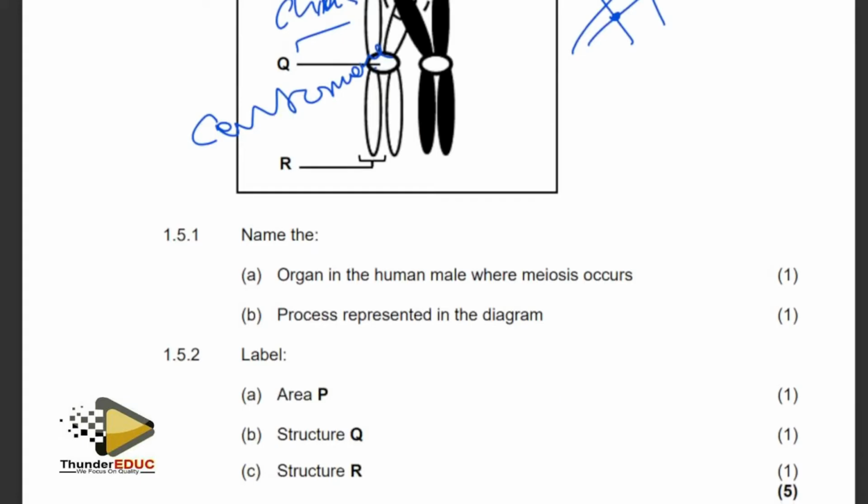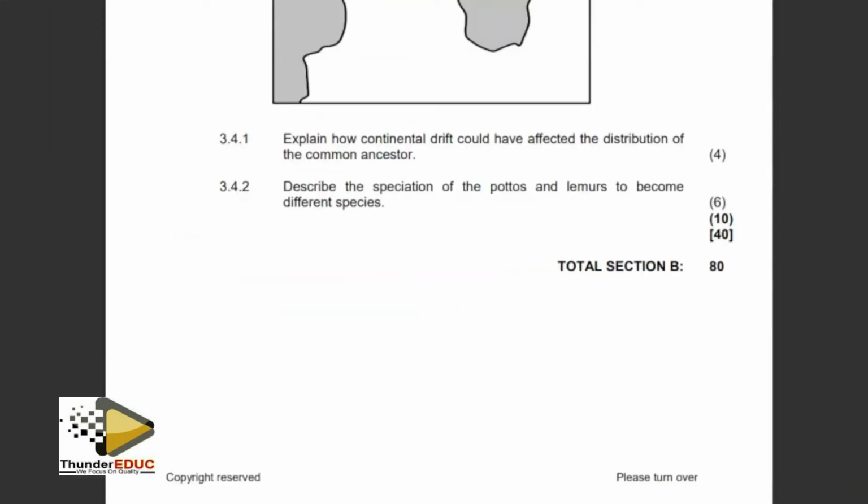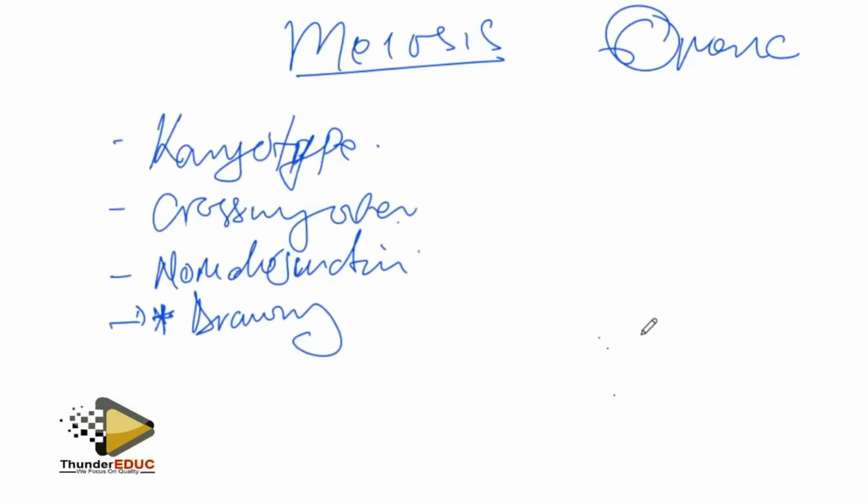Now, we are done with the crossing over. Let's talk about non-disjunction. What is non-disjunction? If you have any challenge, if I'm going to another point, please let me know. I'll read your comment there, and then I'll come back to you.